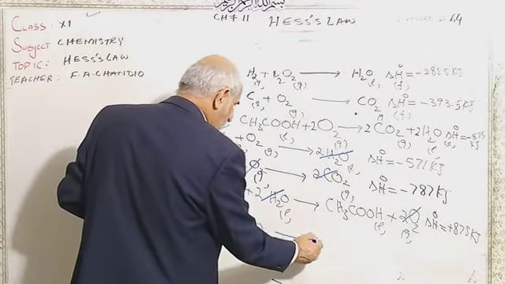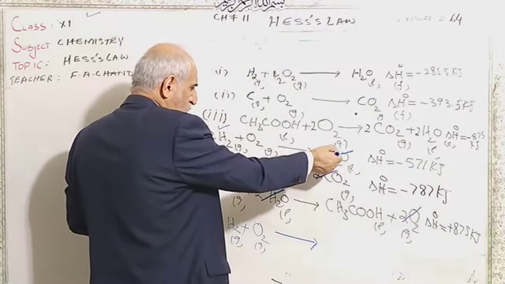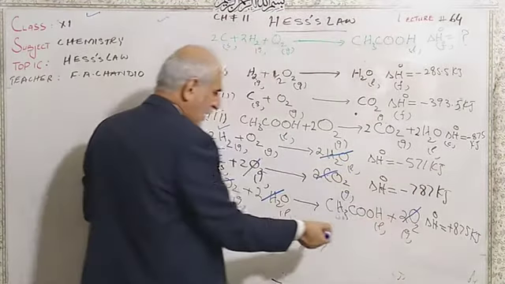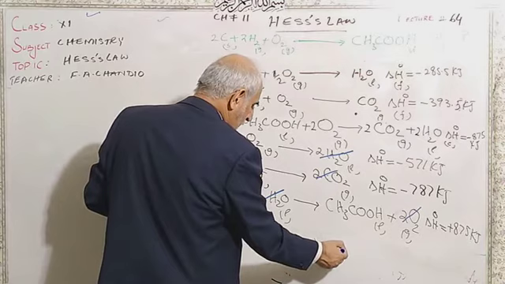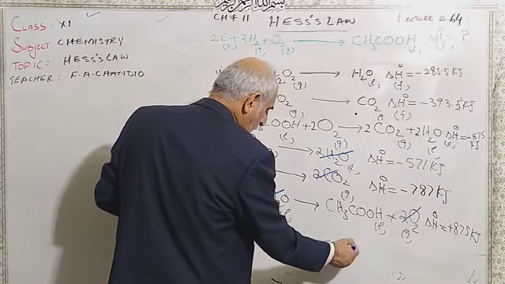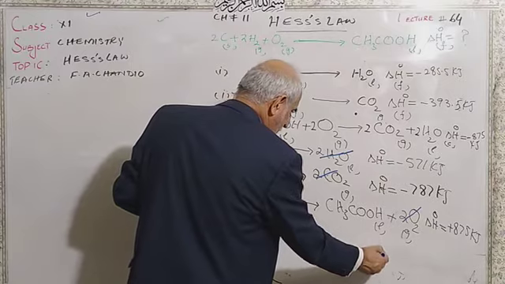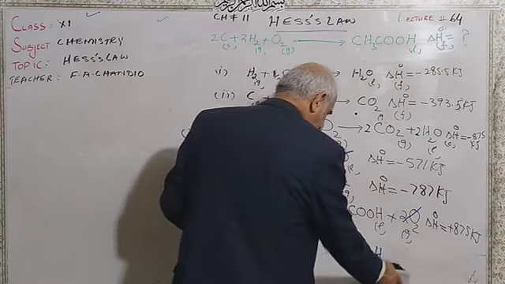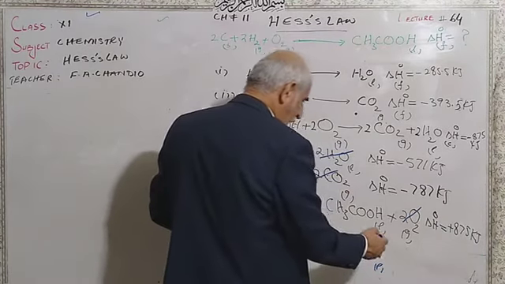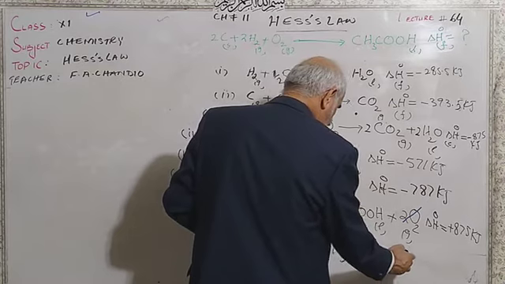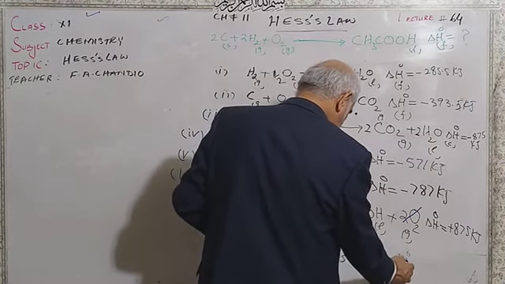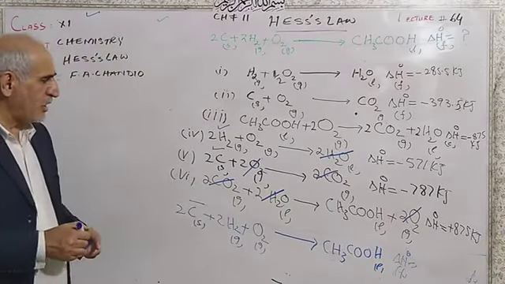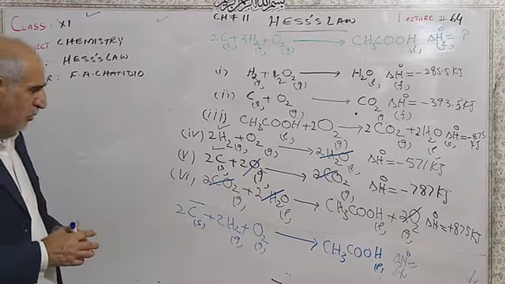Then on the product side, water 2 moles cancelled, 2 moles of carbon dioxide gas cancelled, 2 moles of oxygen cancelled. So you have only 1 mole of acetic acid. Acetic acid is derived from acetum, meaning vinegar. This acid is present in vinegar, a 5% w/w solution in water. So 1 mole of CH3COOH carboxylic acid is going to be formed.